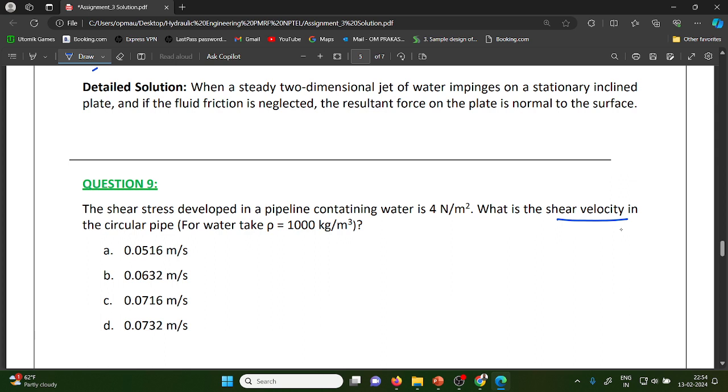If you know the formula of shear velocity, you can calculate easily. Sometimes it is written in the form of u star equals root under some quantities. That is a hint. Please solve within 1 minute.